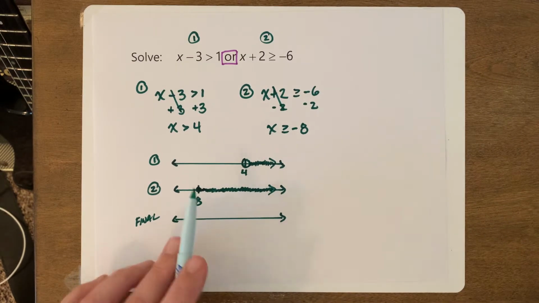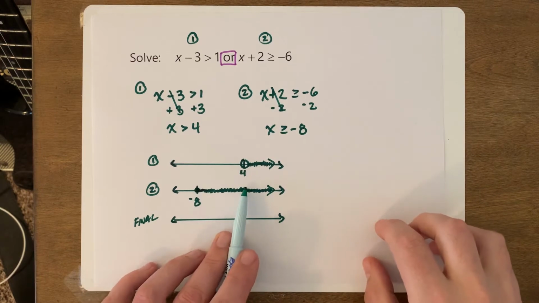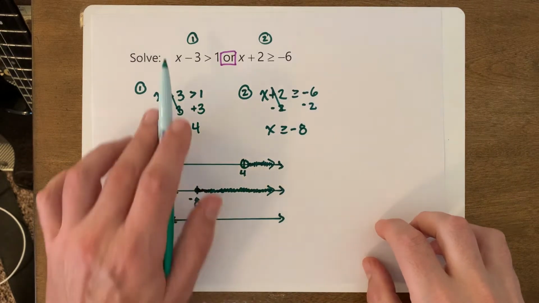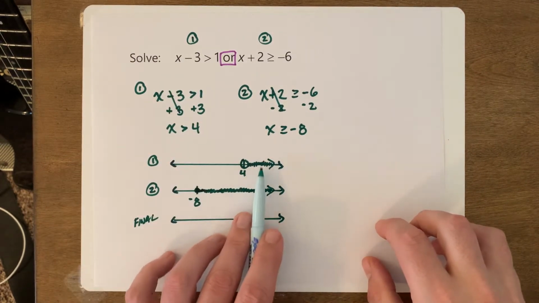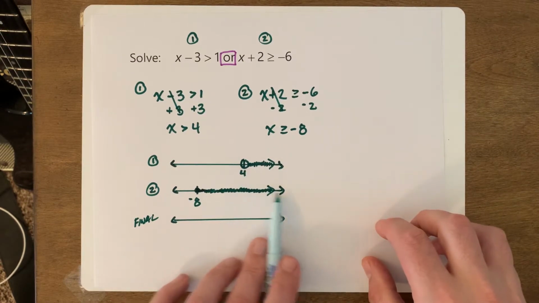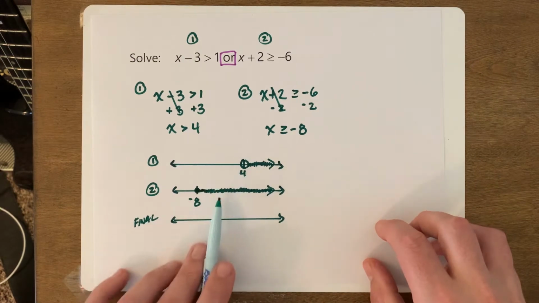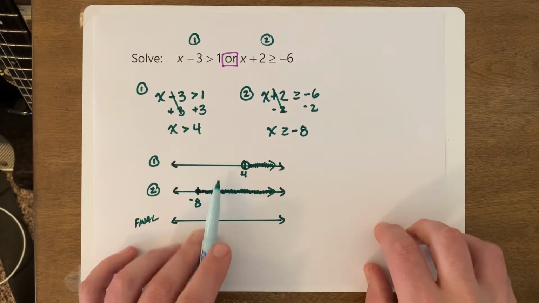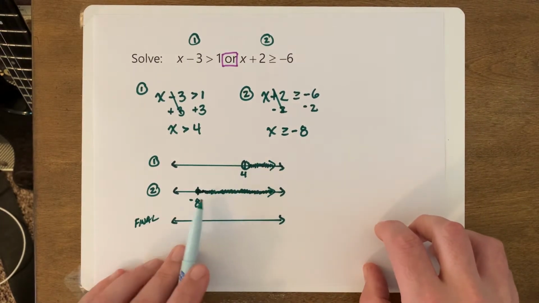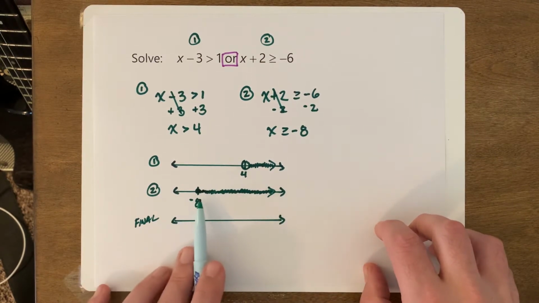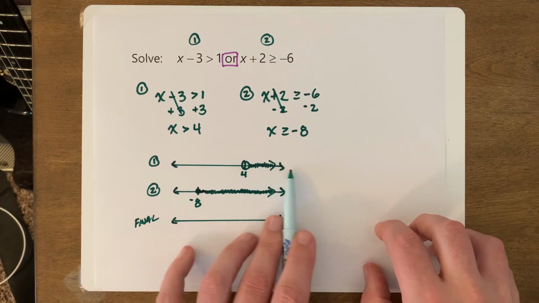So from negative 8 to 4, you get no solutions for this one. But from here and here, you get both of them. The word or means I could have either one of these be true. So which one has the maximum amount of solutions for me? It happens to be this one right here, because this one overlaps this one.